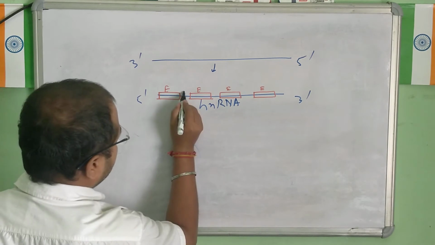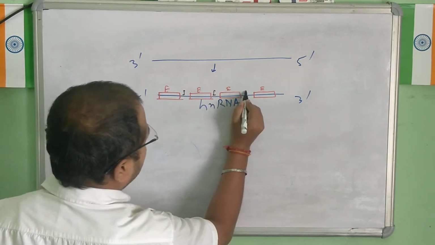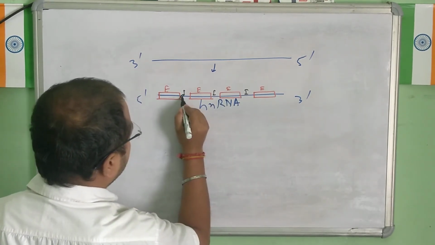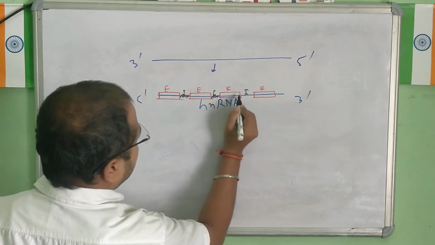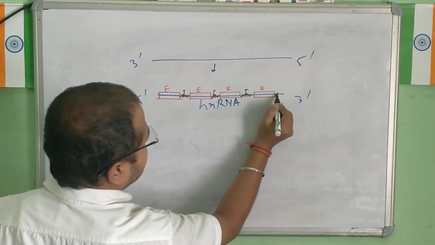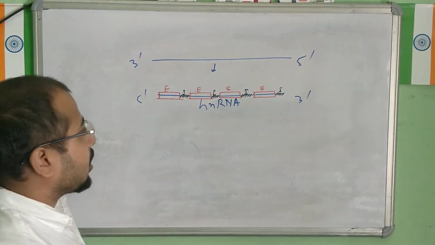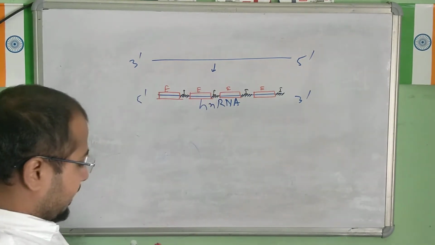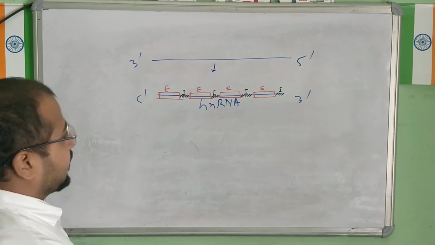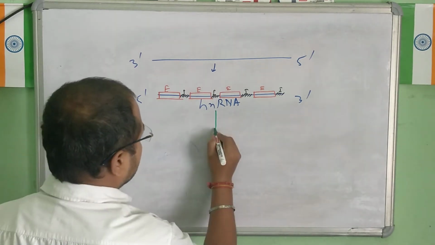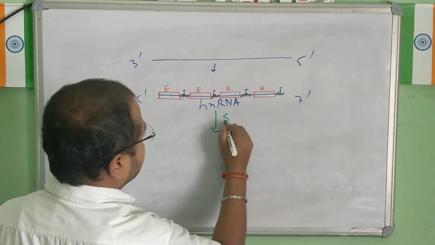Suppose this is the portion which is the intron here, intron here, intron here. Clear? These parts are the non-coding sequences, introns. Clear? Now this entire strand undergoes a process known as splicing.